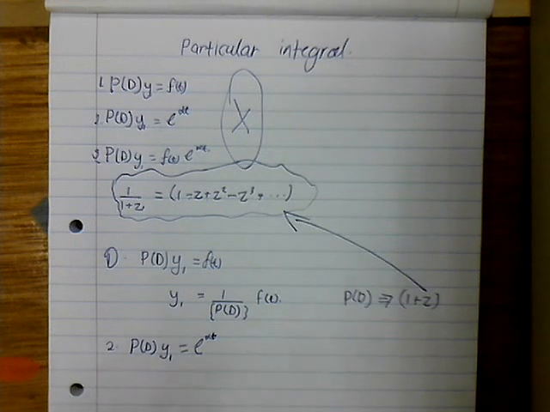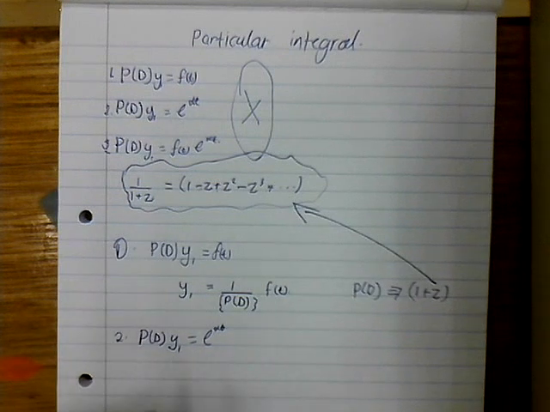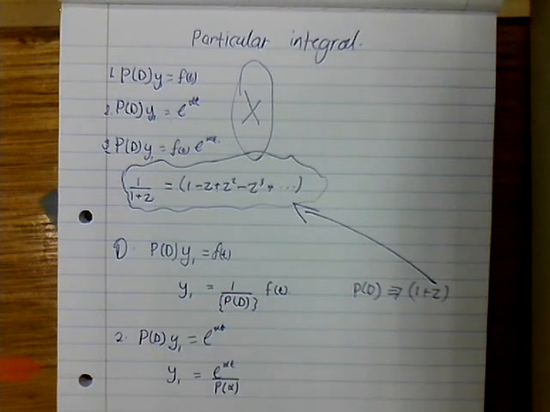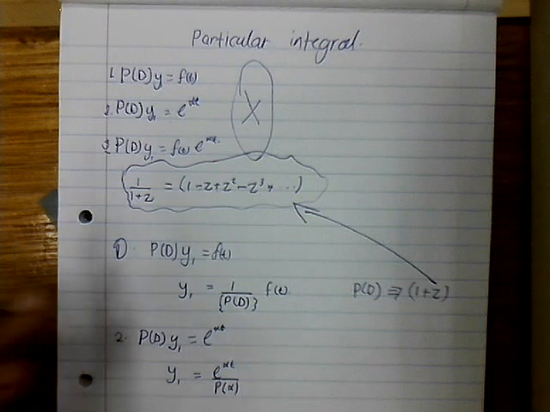When we want to solve this one, we say y1 is equal to e to the power of alpha t, and where there is d we substitute alpha. This is how we solve this one. Like I said, they are different, and we're going to solve them differently.